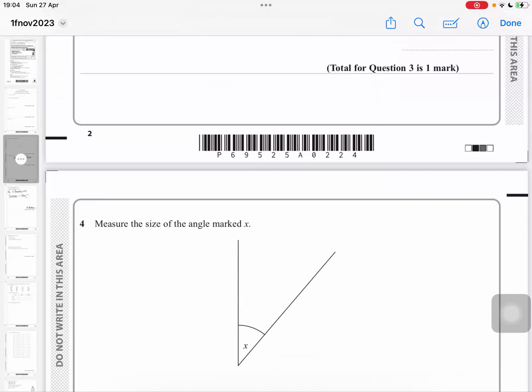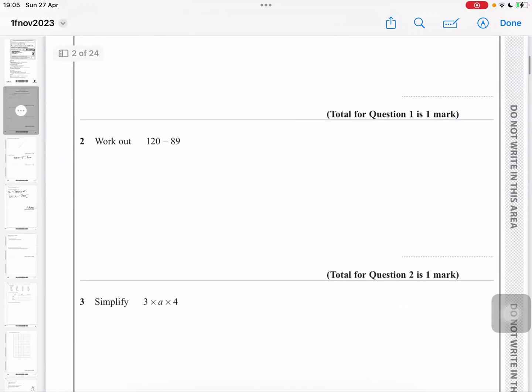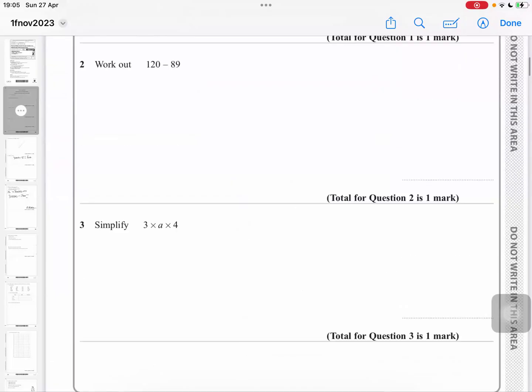Measure the size of the angle marked X. I think you will need a protractor for this. So I hope you have a math set now, right? Yes. All right, so we can move on. Or do you want to check it now?